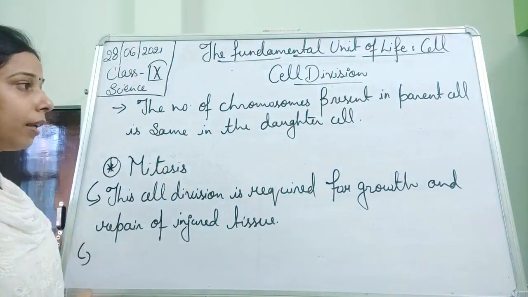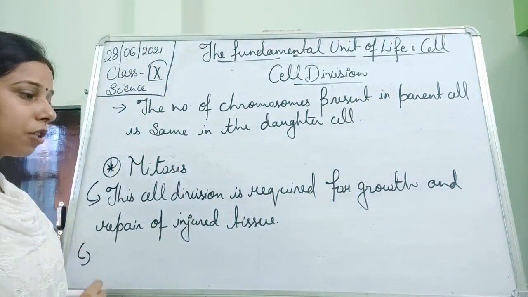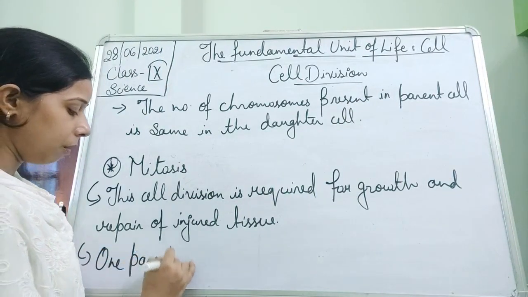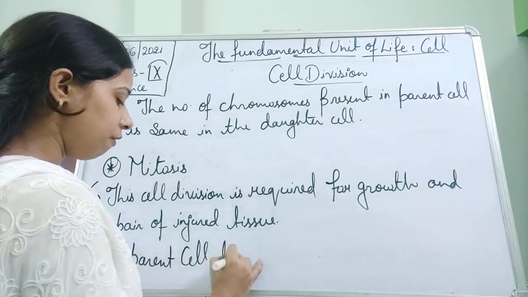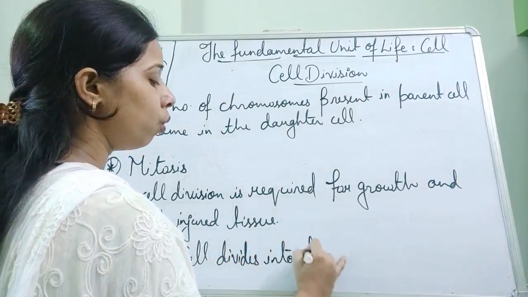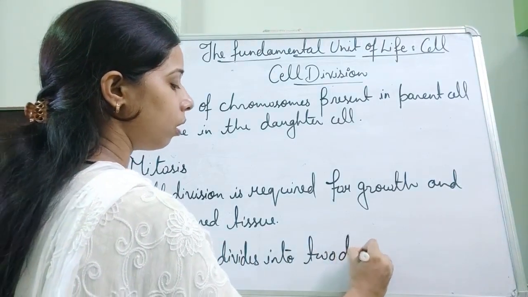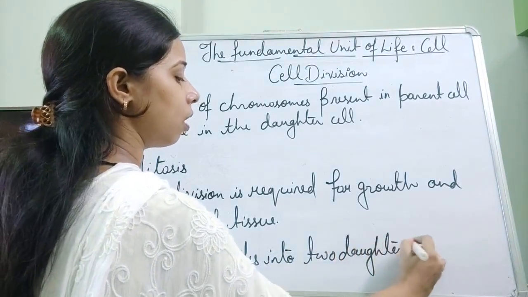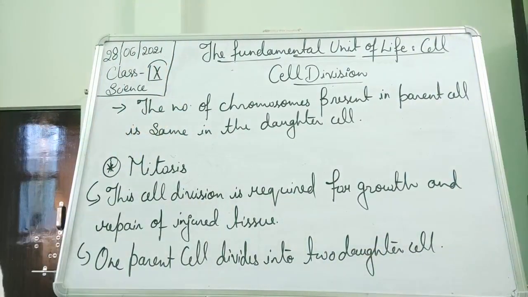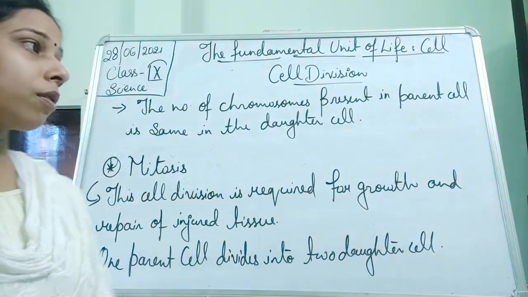And the next point is that in this division, one parent cell divides into two daughter cells, so it produces two daughter cells.